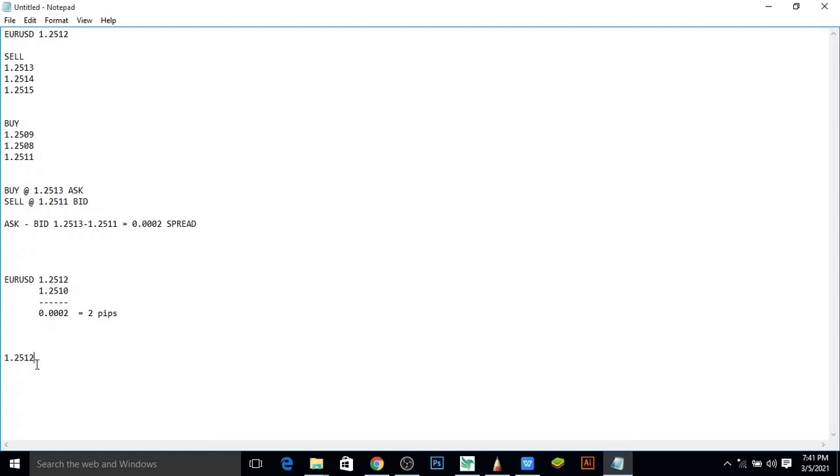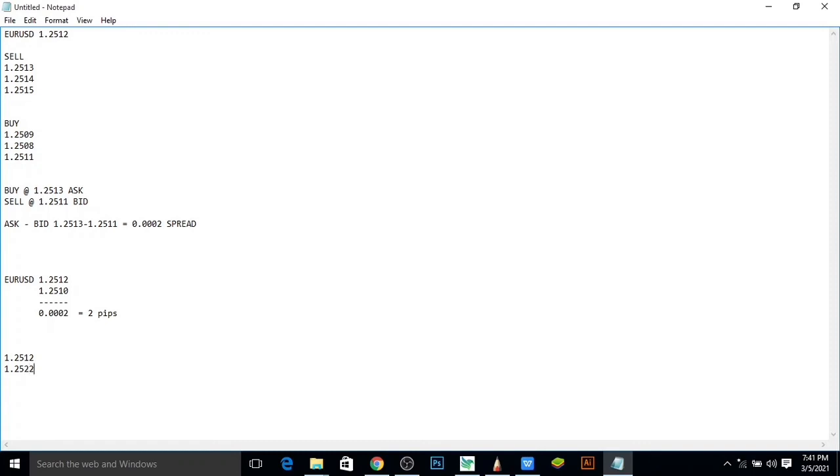Now, what if the change happens elsewhere? Let's say it doesn't change from 1.2512 to 1.2513, but from 1.2512 to 1.2522.